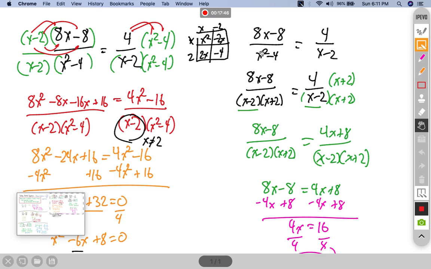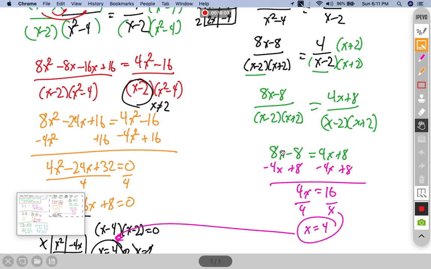Look for opportunities to factor that denominator out and see, can I make the lowest common denominator? With numbers, if you don't get the lowest common denominator, that's okay. Big numbers, I can do that with a fraction. But here, we ended up with a linear equation to solve versus a quadratic equation to solve. And this one is so much easier to do.